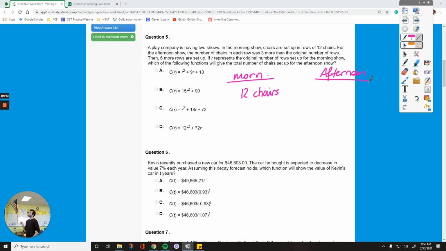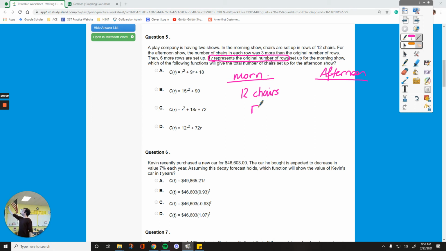The number of chairs in each row was 3 more than the original number of rows. Do we know the original number of rows? Let's see. I don't think we do. Okay, I see that. If R represents the original number of rows, so R is the number of rows. So in the morning we have R rows, right?